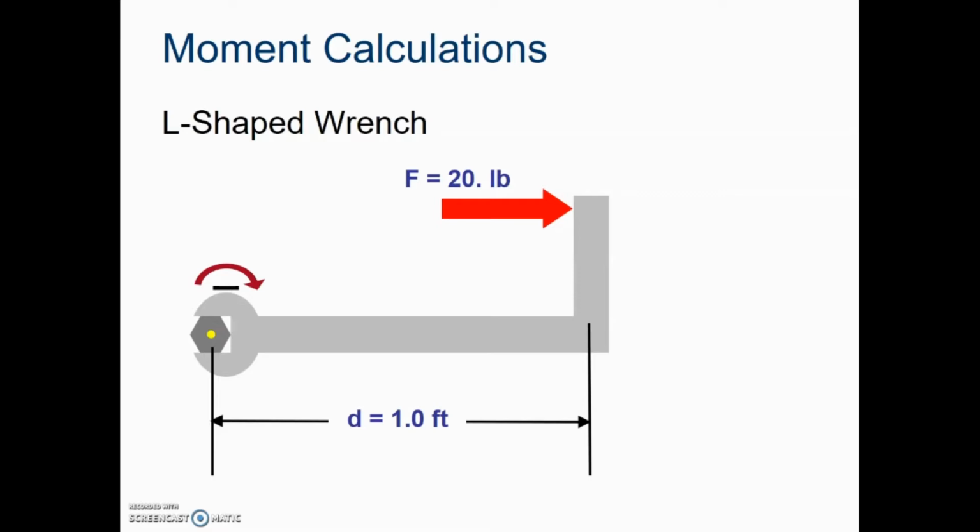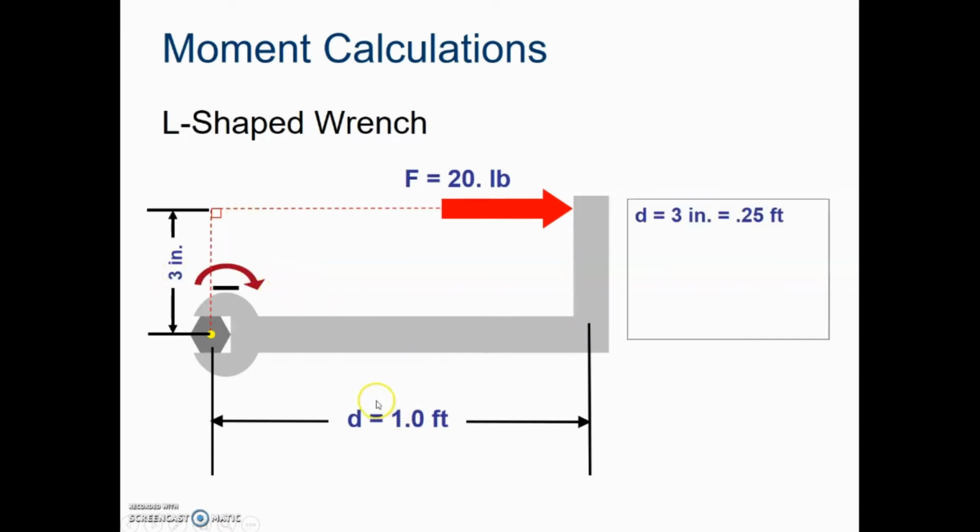Now it gets a little bit more complicated when we're talking about perpendicular distance, because if we follow the plane and the direction of our force, it's not 1 foot, which is a weird thing to think about because the distance is going to be perpendicular from our force. So if I were to draw a line all the way out, I would have to measure that distance right there, which is going to be 3 inches from what we are provided.